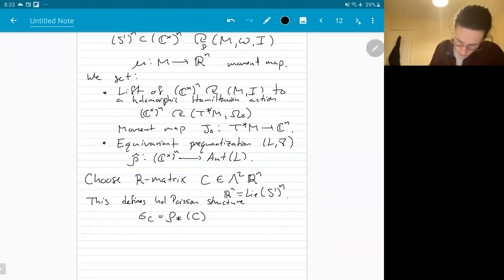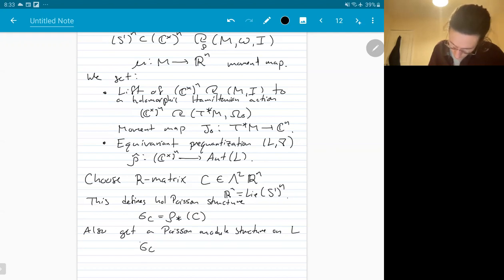And we also get a Poisson module structure on L, which I'll call sigma C hat, which is just obtained by pushing forward the R matrix with this lift here.